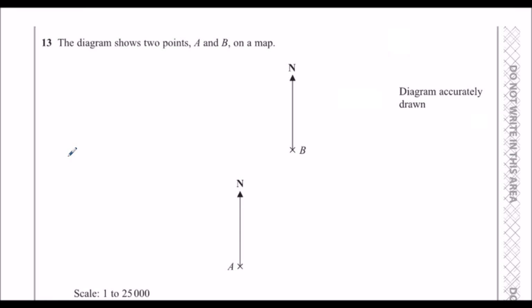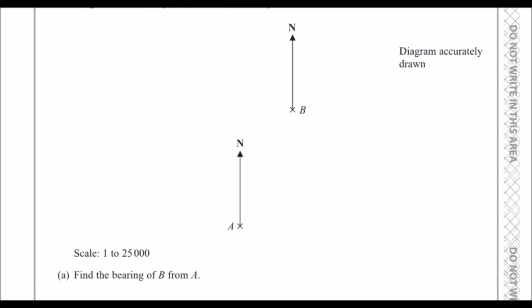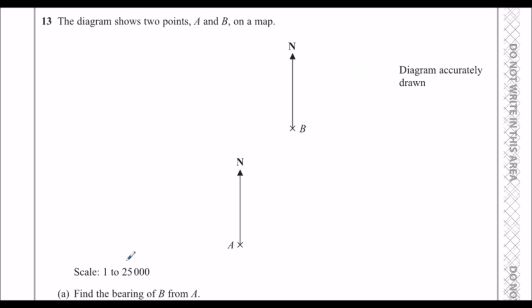Question 13. The diagram shows 2 points A and B on a map. And we've got a scale 1 to 25,000. Part A says find the bearing of B from A. So let's join them with a line. So the bearing of B from A, we're going from A, that's this angle here.